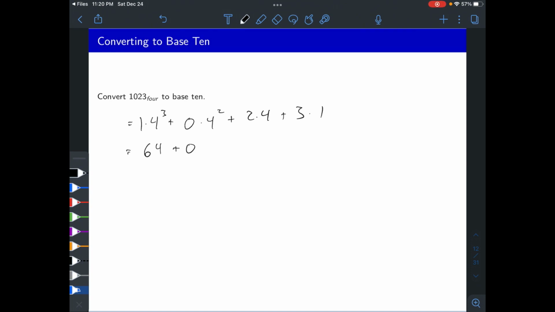Obviously that's 0. This is 8. This is 3. And immediately we are no longer thinking of these numbers as base 4 numbers. We're just converting these into base 10, a sum and product of base 10 numbers. So 64 plus 8 is 72, plus 3 is 75. So this in base 10 is equal to 75.